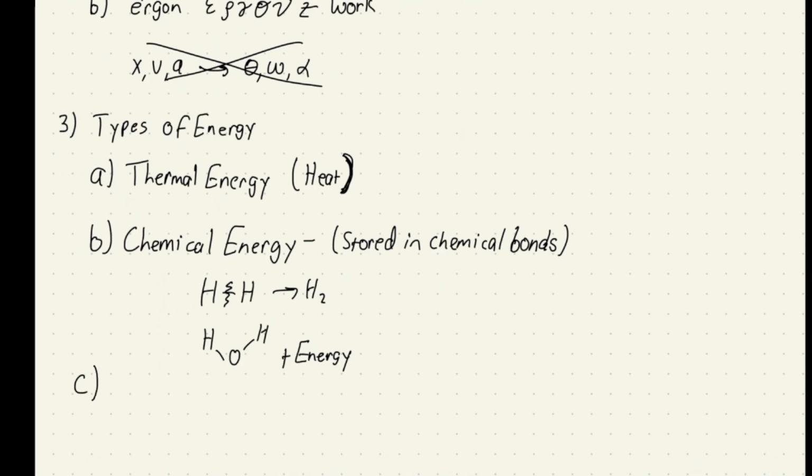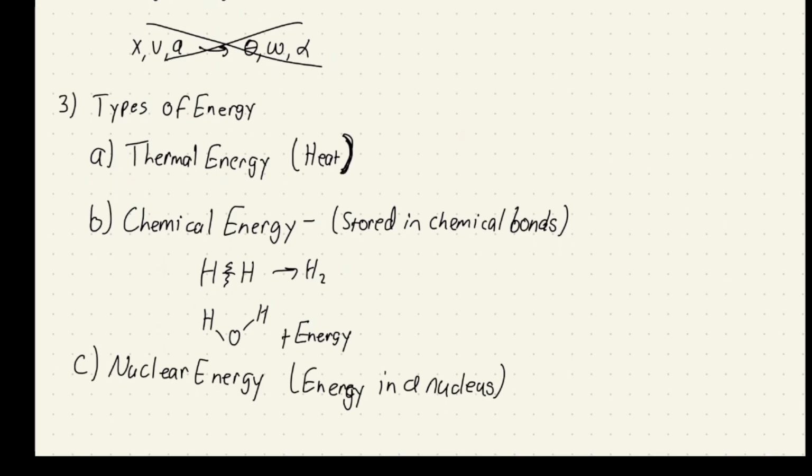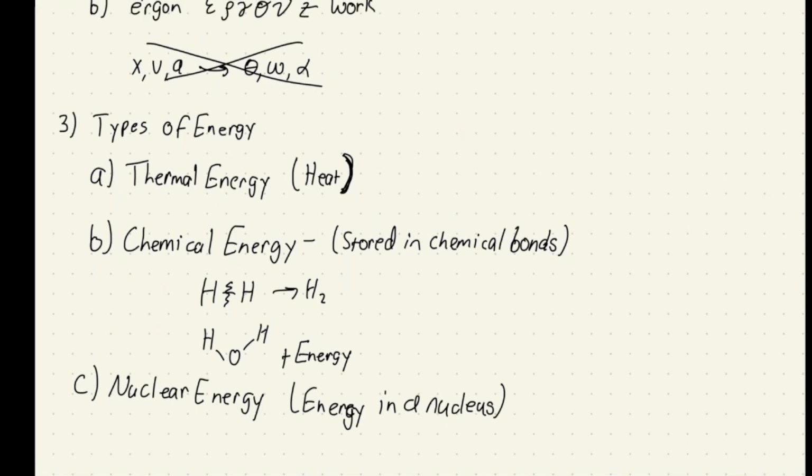But there's another type of energy that they talk about in chemistry a lot. It's nuclear energy. So this is the energy that we use to do nuclear power. This is the energy inside of a nucleus. We know that negative things like to repulse each other, and positive things do the same. So if we have a bunch of positive things, they don't want to be near each other.